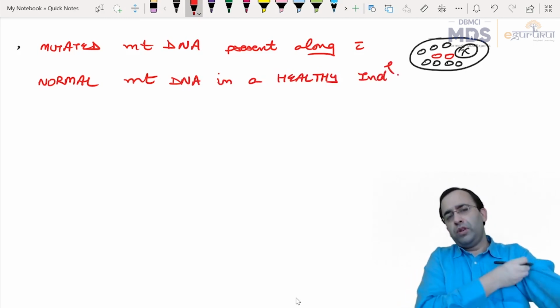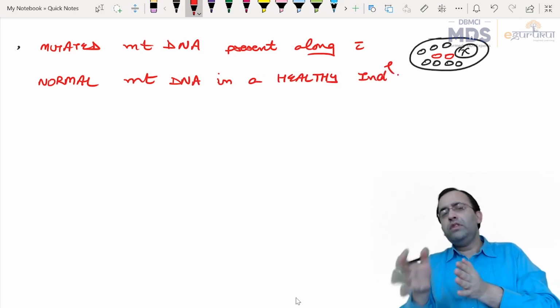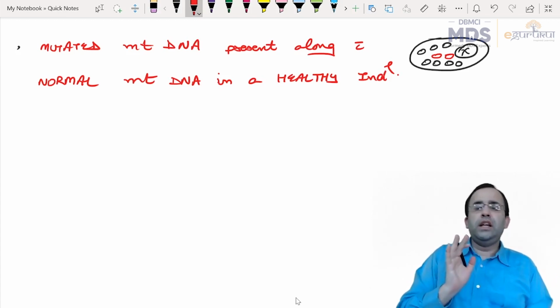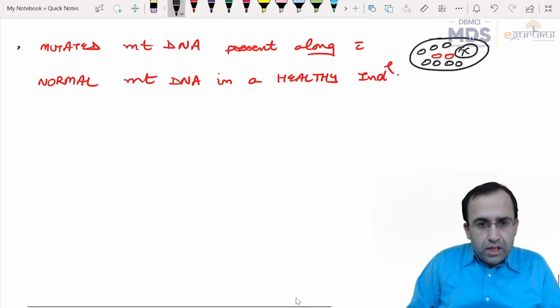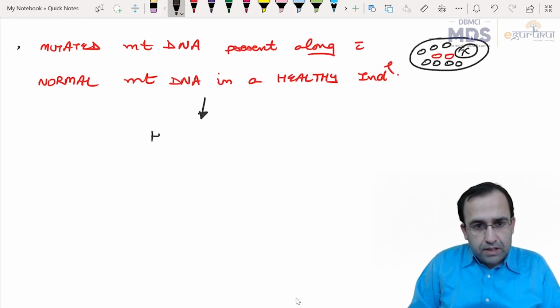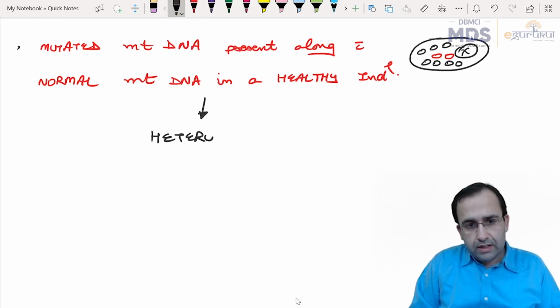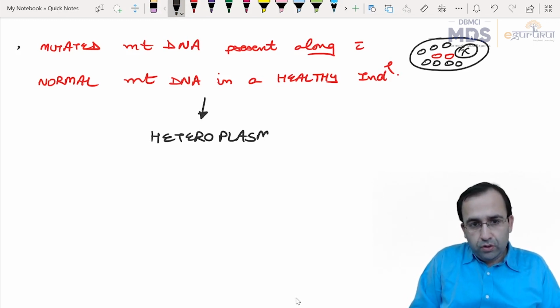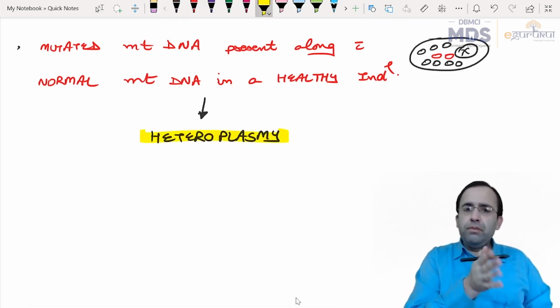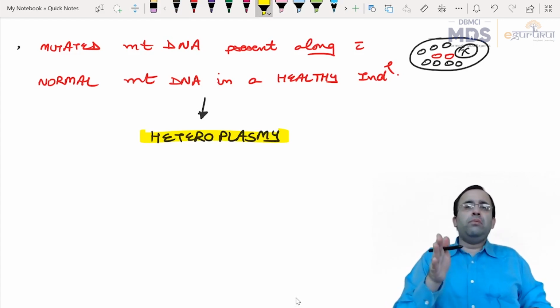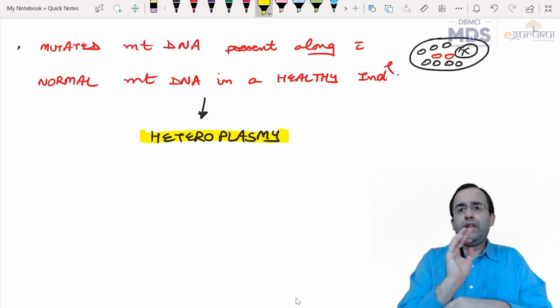This principle is called heteroplasmy. So what is heteroplasmy? It is the presence of mutated mitochondrial DNA along with normal in a healthy individual.